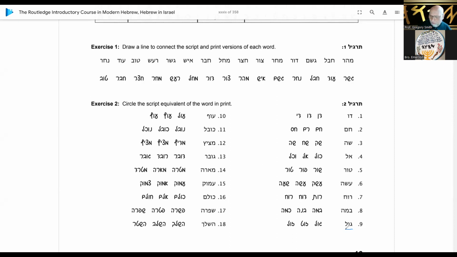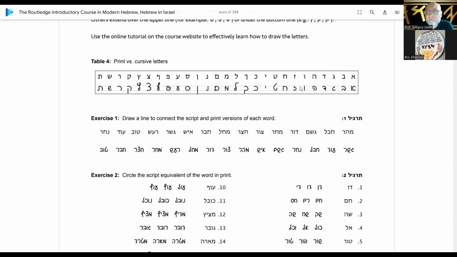It is gol, simply a transliteration of an English word. So for the gemel, I'm trying to recall. It looks like a sickle kind of thing. Let's go up here to gemel. Yeah, there it is right there. It looks almost like a sickle threshing the wheat.